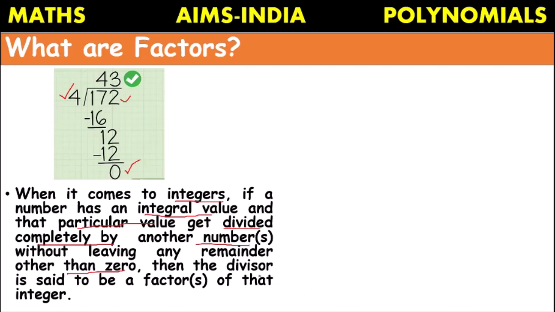In that case, the divisor with which we are dividing the given integral value is called a factor of that integral value. Means a factor is an integer which divides the given integer perfectly without leaving any remainder other than 0.